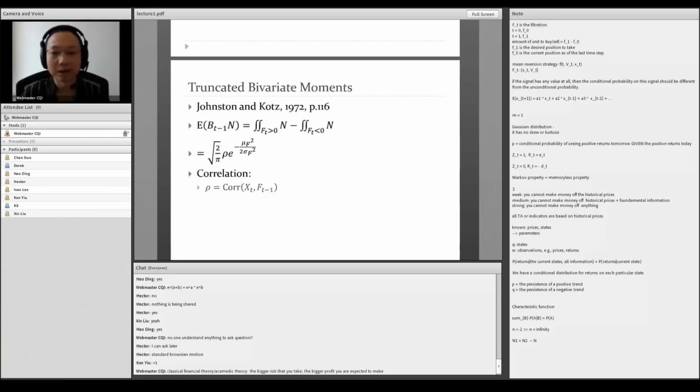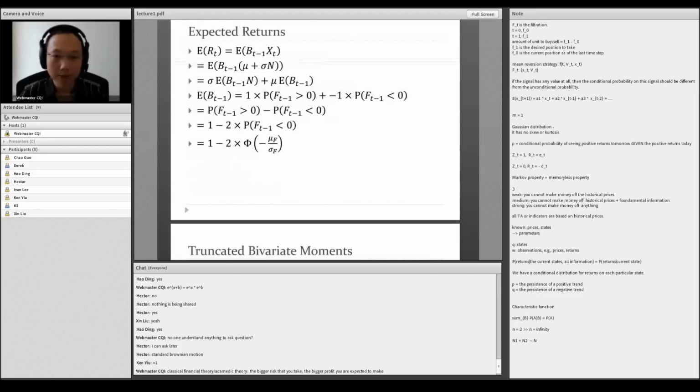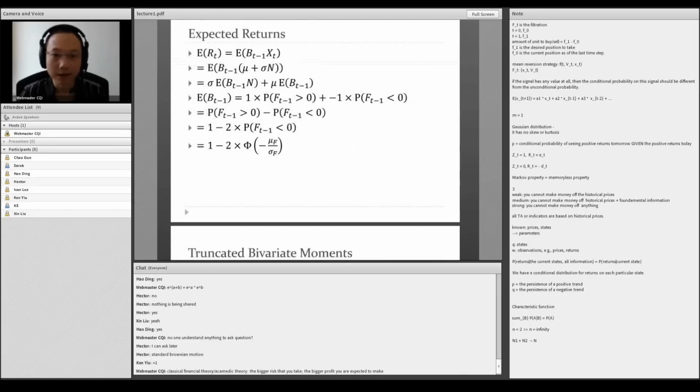So if you put this term in here, and this term in here, then here's your expected return. This is the expected return of playing any linear technical indicator, not just one.